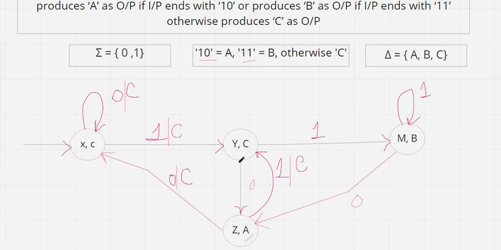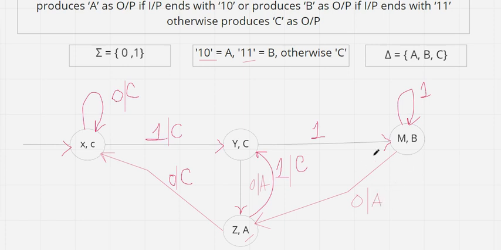So this is clear. Now state Y is done. Moving to state Z, it has two incoming edges, and all the output is A. So this will have an output as A, correct. And for this particular transition, it will also have the output as A, okay. This is, I think, clear to everyone.